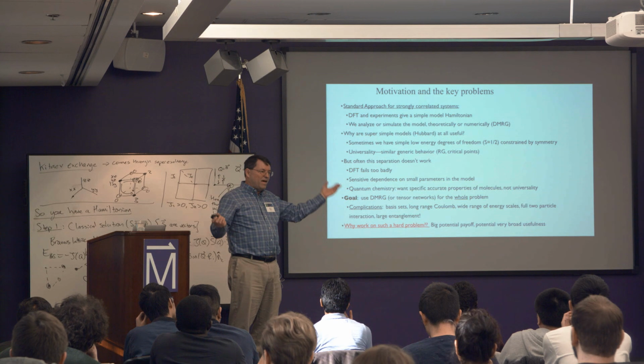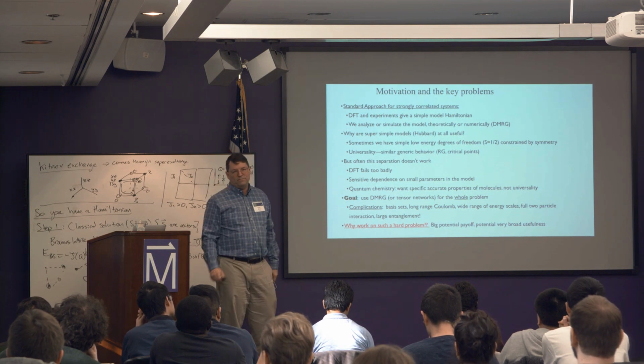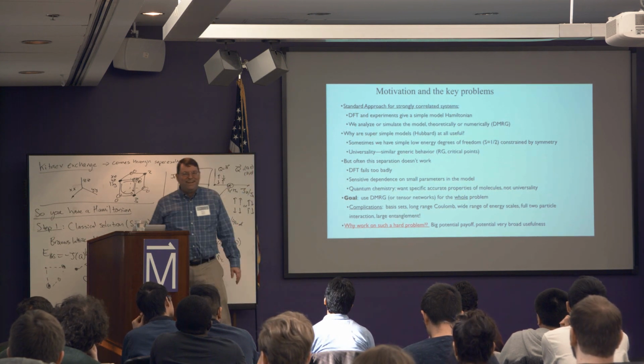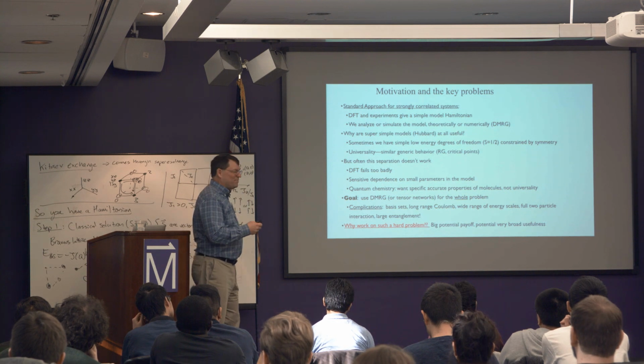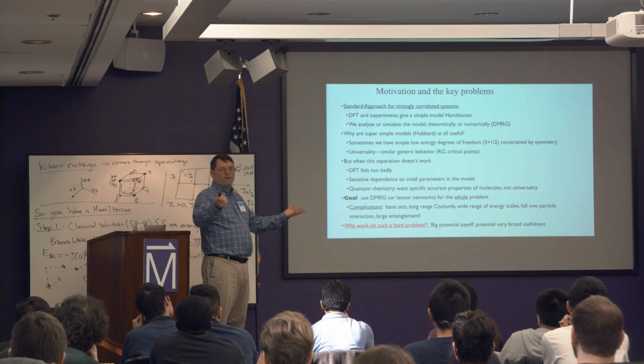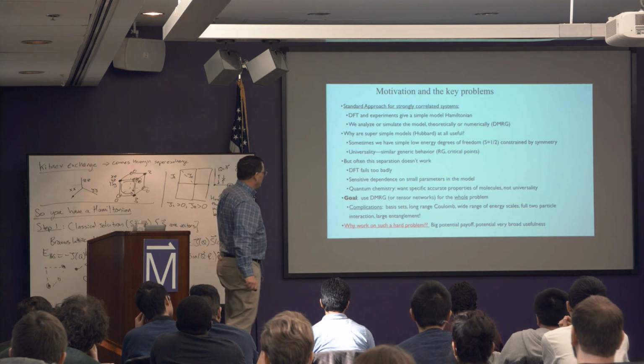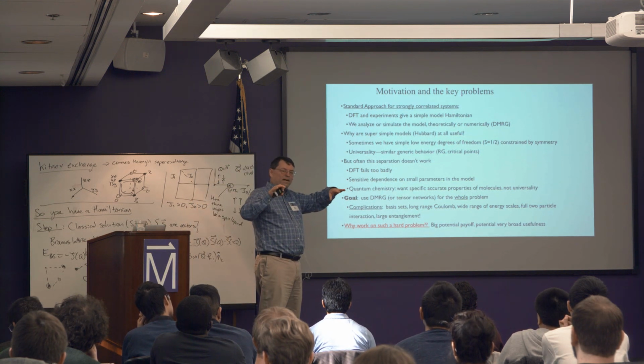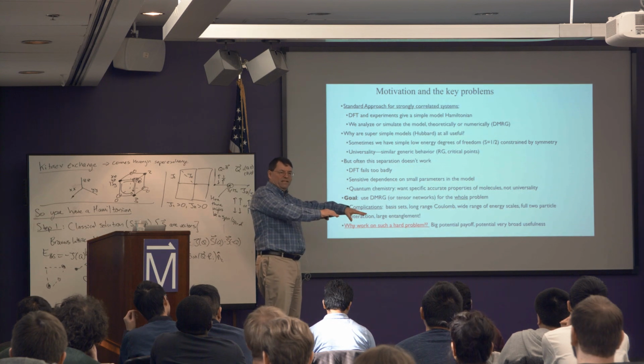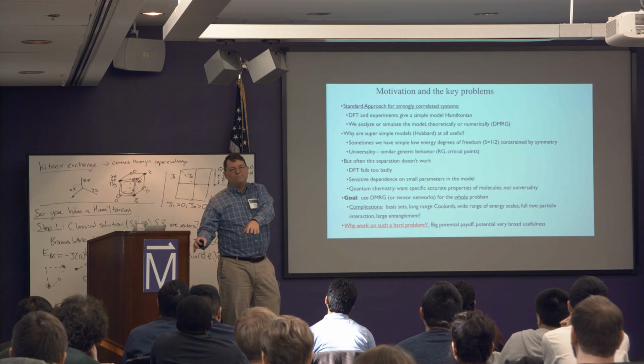You can try to map them all out over all possible parameters, but that's boring, in some sense. You'd really like to say, I know this is the material, and I'd like to predict its phase, rather than saying this is the answer that this model gives, so it must be the right model for this material.